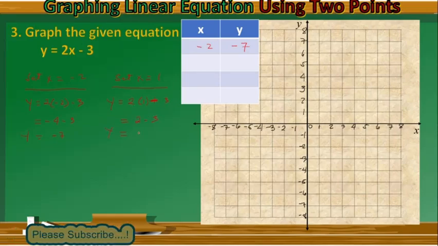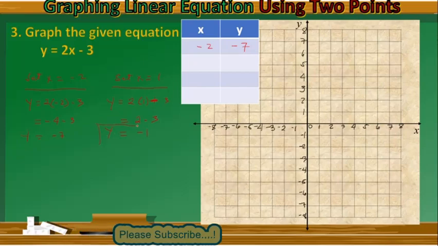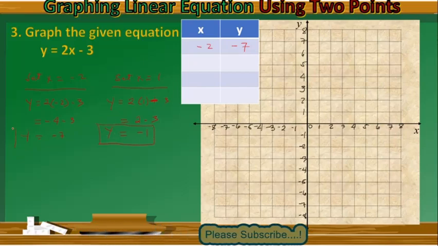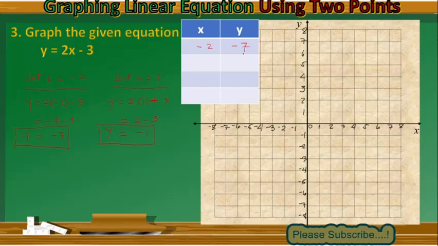So, your y is equal to negative 1. So, when x is 1, negative 1 is your y. So, by plotting negative 2 and negative 7, negative 2 for x, then negative 7 for y.